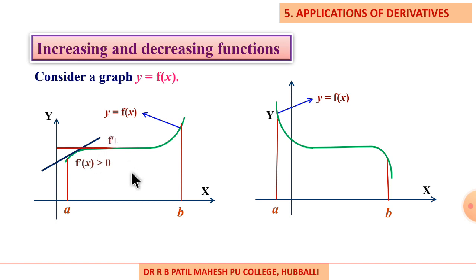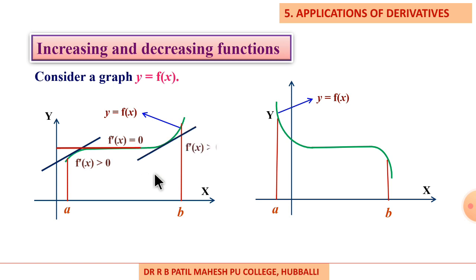The next one is a tangent that is parallel to the x-axis. When the line is parallel to the x-axis, theta is 0, and tan of 0 is 0. f dash of x is nothing but the tangent of this line, so here the value is 0.